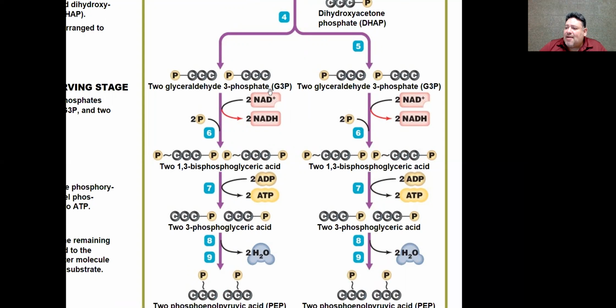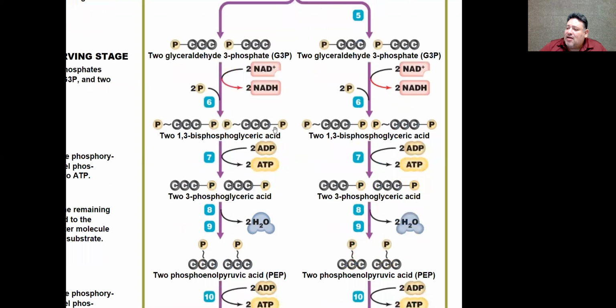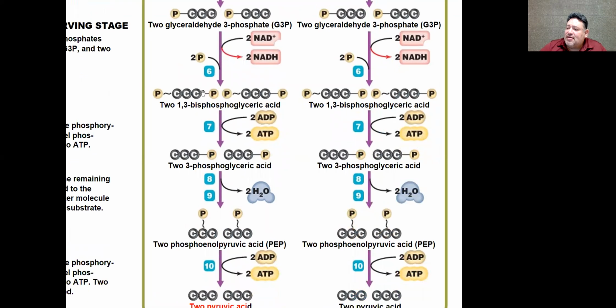And the only way that can happen is if these precursors right here were high energy. So notice that we have 2 NADs. This is a little shuttle, okay? It's a little taxi cab. And this taxi cab is picking up powerful, high energy electrons. How many of them? 2 of them.